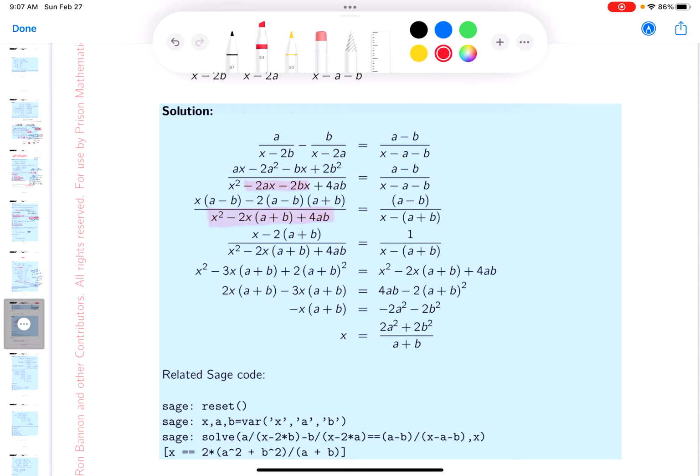So it's going to be x squared plus 2 times a plus b squared minus 3x times a plus b. That's the right-hand side. The left-hand side, there's not much I can do about that. It's still this over here.